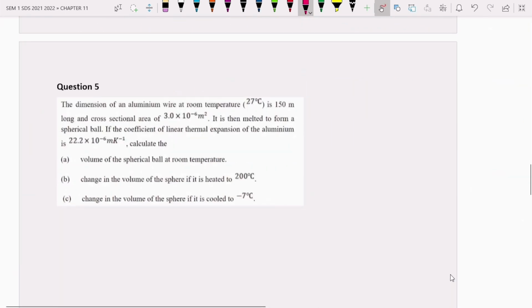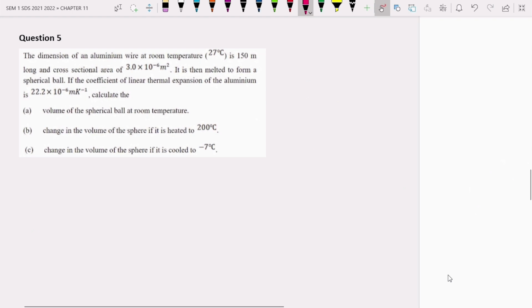Alright, now let's proceed to question 5. The dimension of an aluminium wire at a room temperature of 27 degrees Celsius: the length of the aluminium wire is 150 meter, and the cross-sectional area of the aluminium wire is 3 times 10 to the power of negative 6 meters squared.